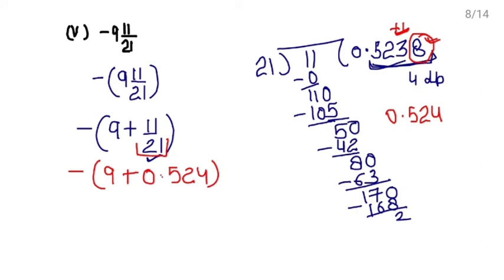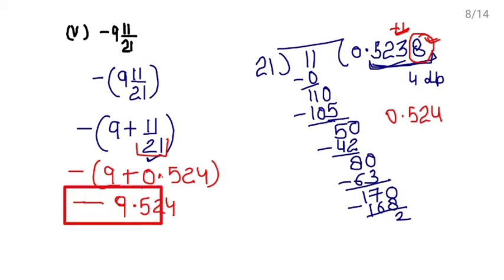Add them, you know this is the integral part and this is also integral part. डेसिमल से जो पहले पार्ट होता है दैट इज इंटीग्रल पार्ट, होल नंबर होता है, राइट. दिस इज ऑल्सो होल नंबर, सो एड बोथ द होल नंबर्स. 9 + 0 is 9.524. So your answer is -9.524, right? This is your answer.